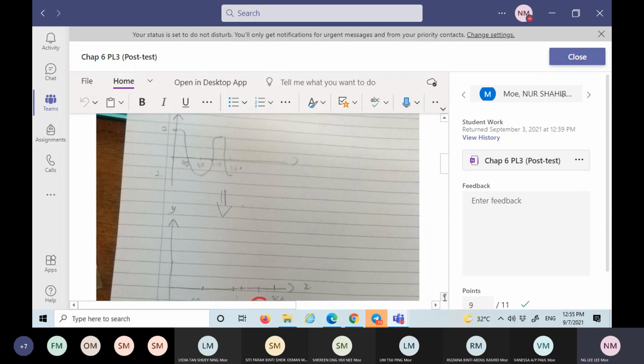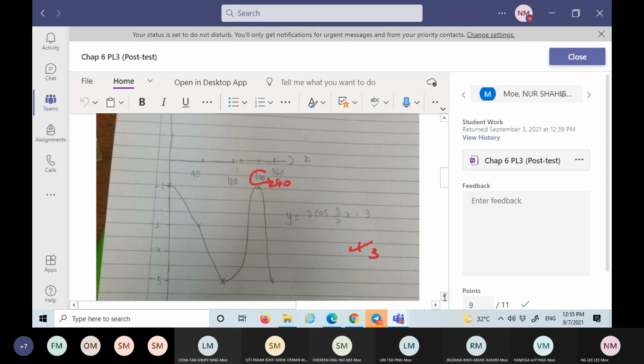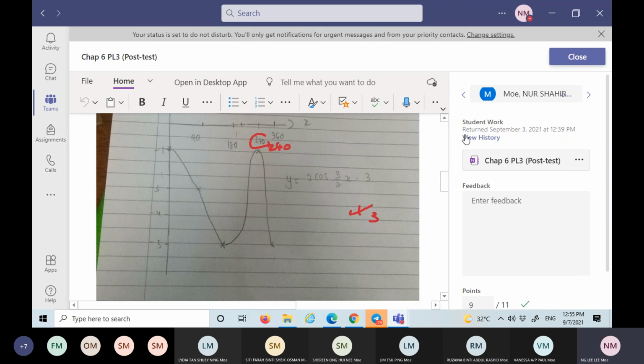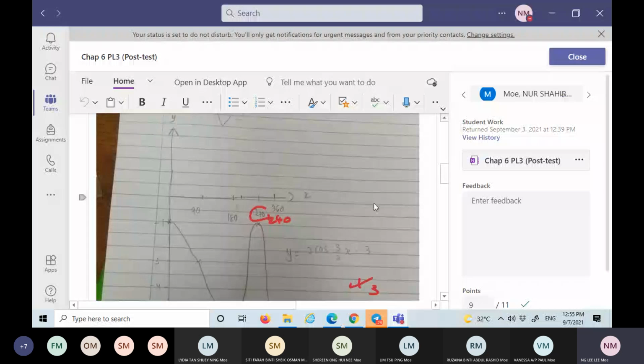She tried to transform from the original one. Okay, Shahira, are you here? My comment for you, you didn't use a very nice scale. Okay, you see some big, some small.